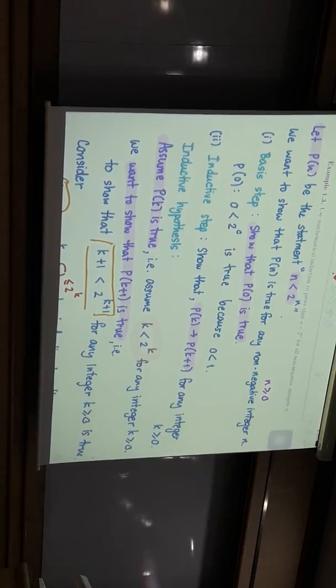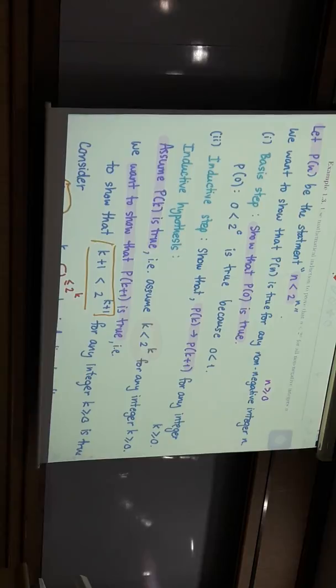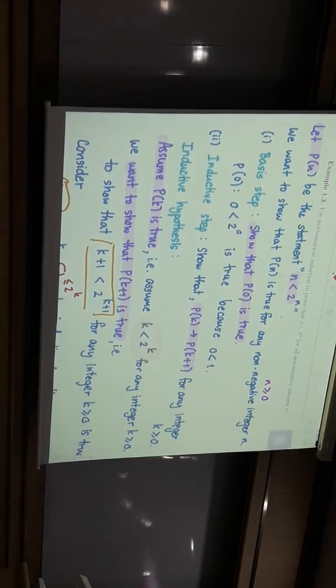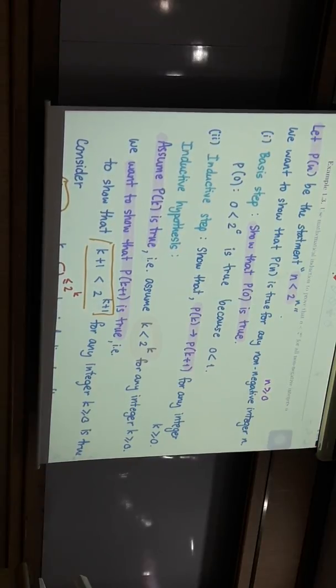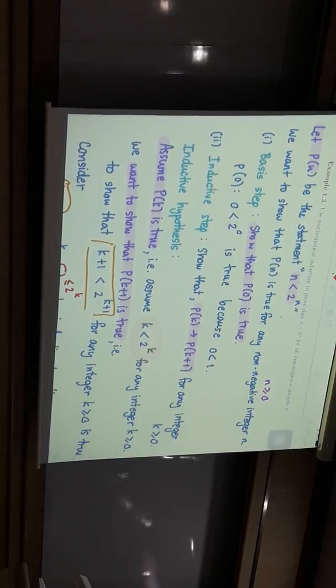Make sense? Okay. It doesn't mean that when you prove step 1 and step 2 of the induction, you need to prove for all. As long as it's true for any k, in conclusion, it will be true for all n, like that. So I wrote this down on purpose.